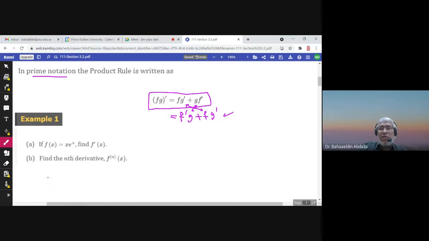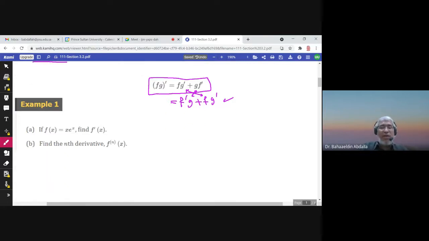So let us take some examples. f of x equals x times e to the x. So this is a product. So what is f prime? I use the product rule. The derivative of x is 1 times e to the x, plus x as it is times the derivative of e to the x, which is e to the x.